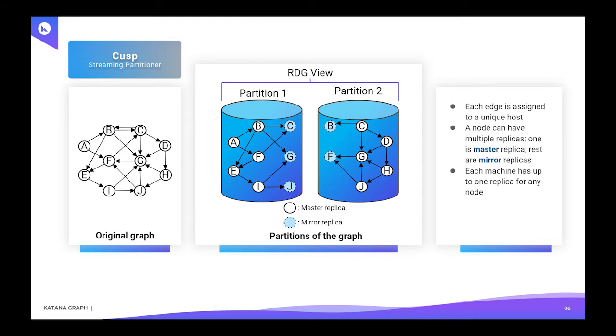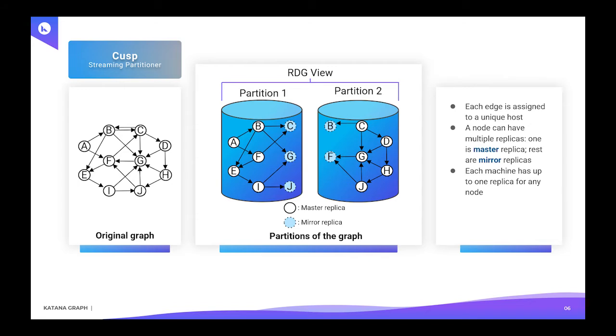What it enforces is that each edge is assigned to a unique host. However, the problem is that multiple edges may involve the same node, and thus that node may appear in multiple machines. For example, this figure in the middle shows that node C appears in both machines because it appears in two different edges.